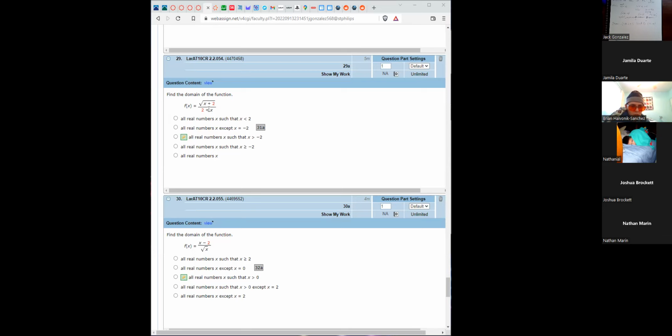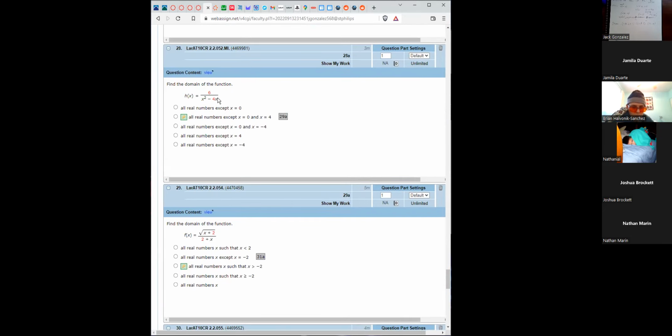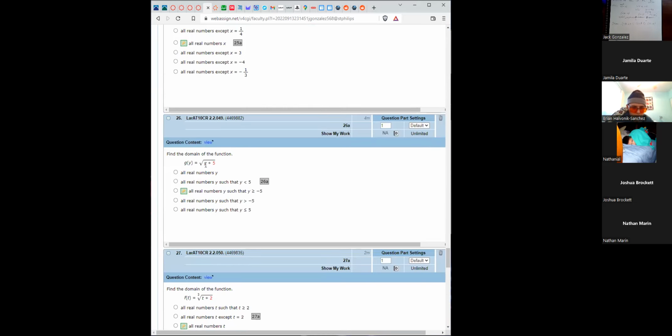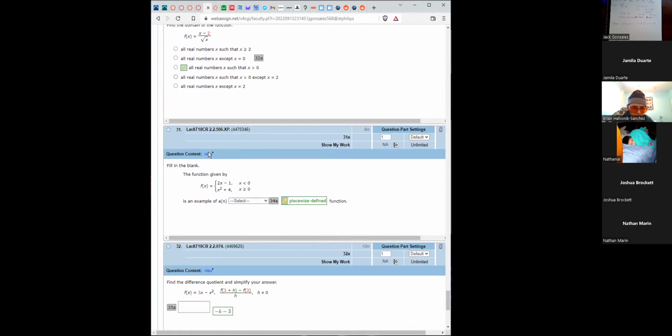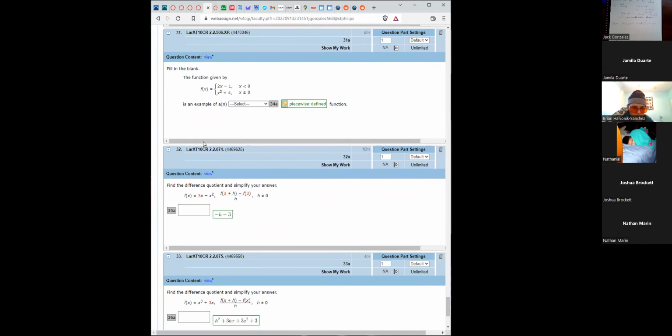It's not okay on the bottom. So that's why they say everything above -2 is cool. Because if I go below this, I get negatives in here. And if I go equal to it, I get a division by 0. So this takes into account those two problems. Here we only had to worry about the bottom. Over here, we only worried about the inside here. Anyway, let's move on to something else.